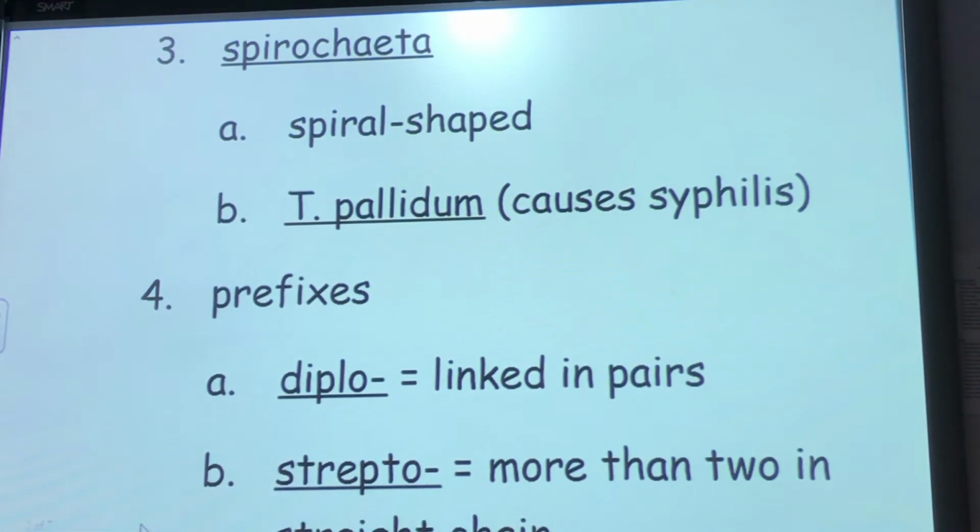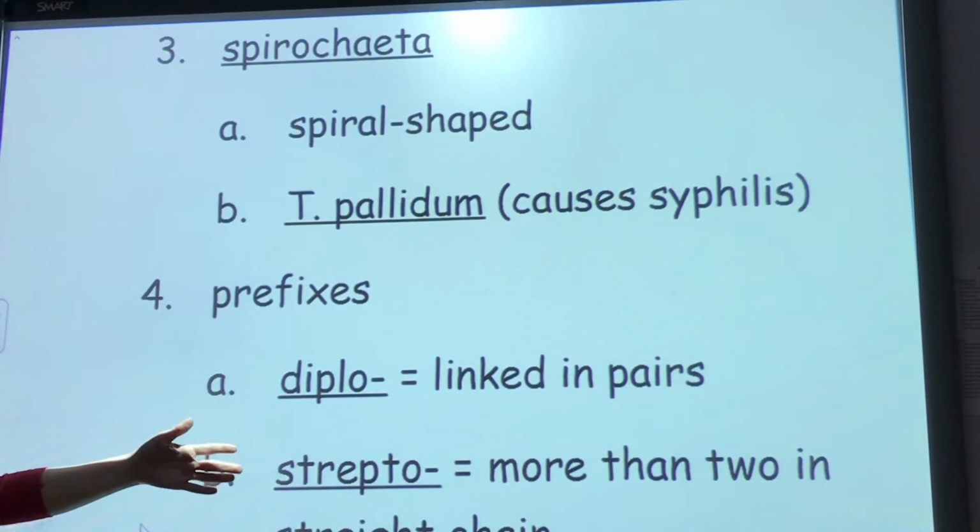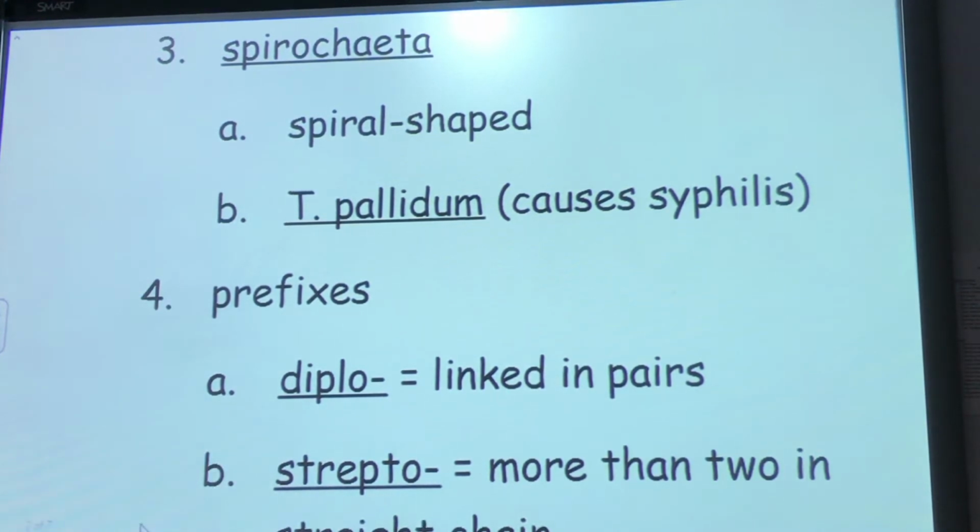So if I said I had streptococcus bacteria, you would know that you're dealing with a chain of spherical shaped bacteria. And streptococcus is that nasty little critter that gives you strep throat. So streptococcus, but you can also have streptobacillus. Okay? And you have long chains of those rods linked together.